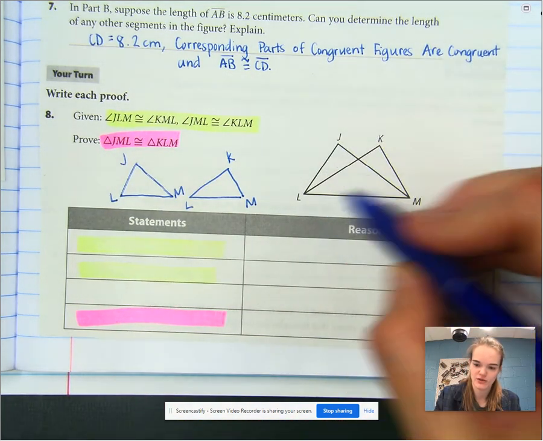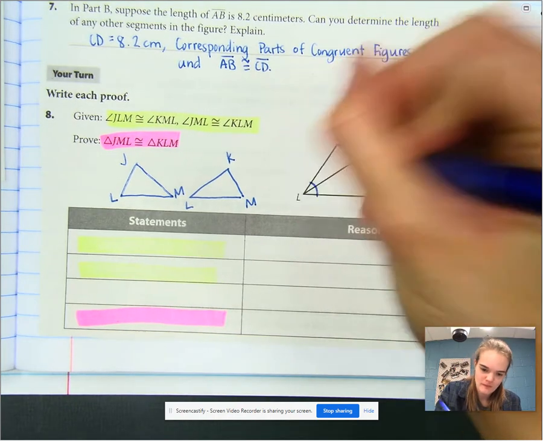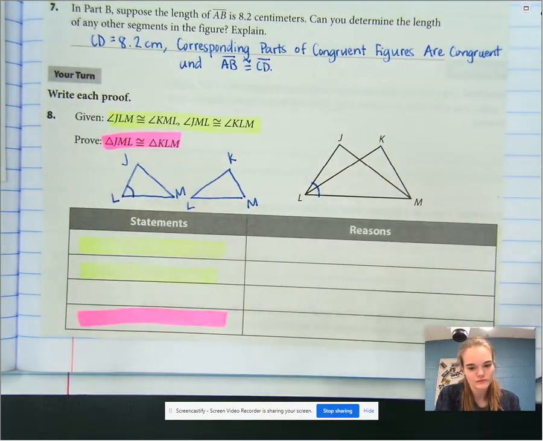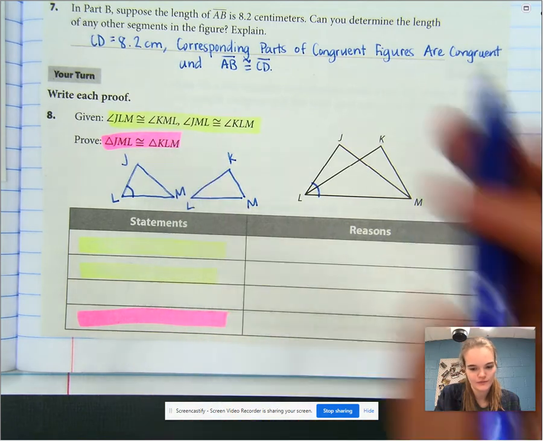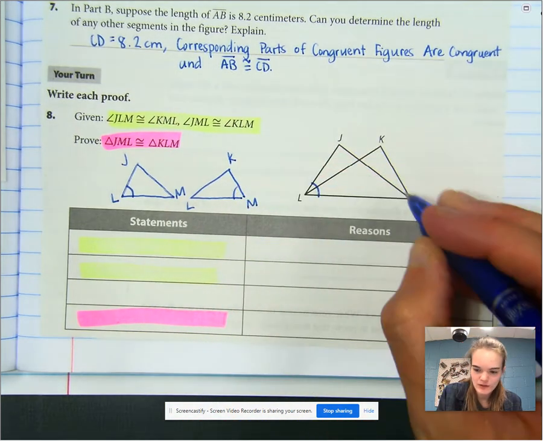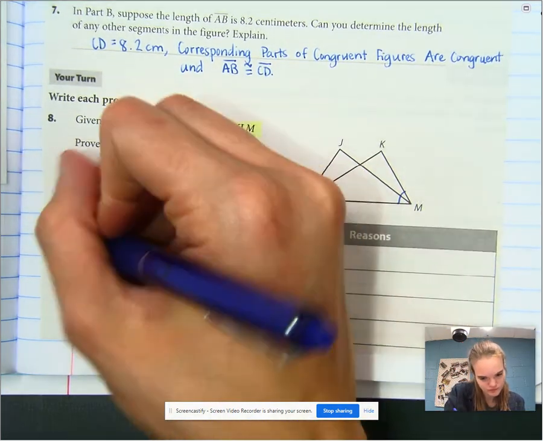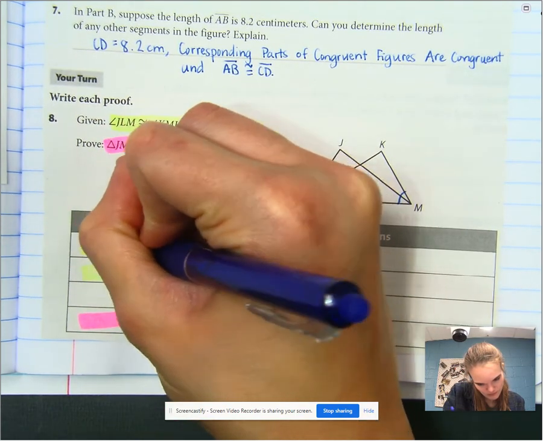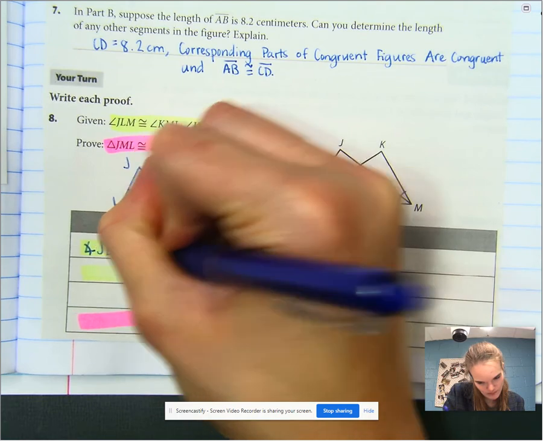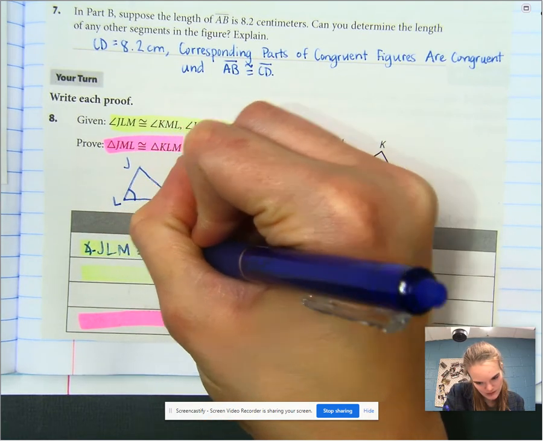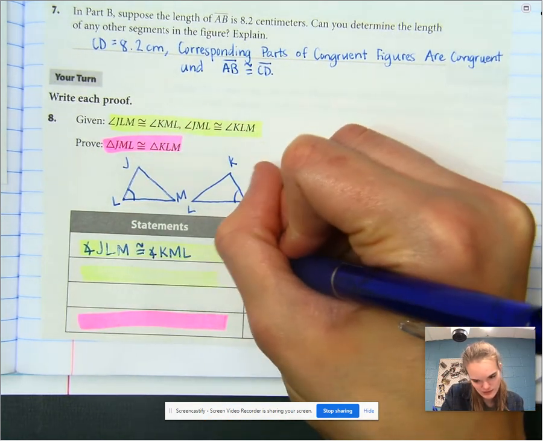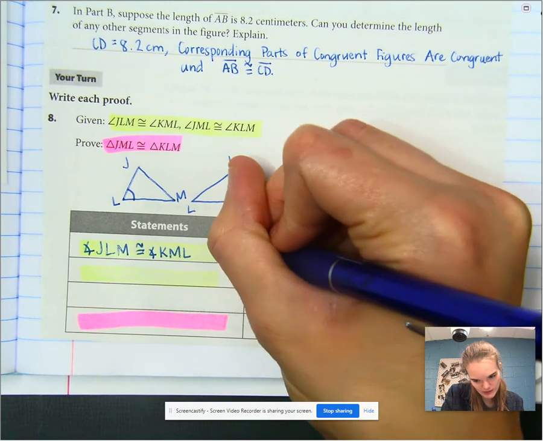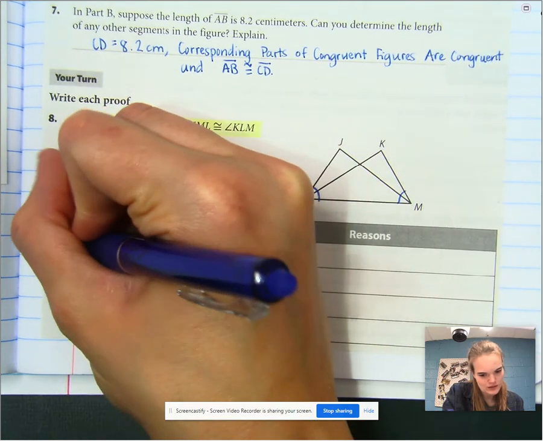JLM is congruent to KML. That's given. I like to number mine. You don't have to.